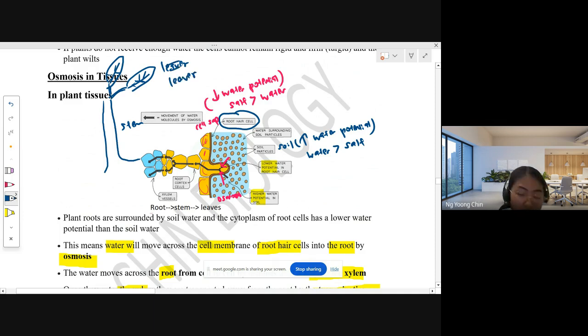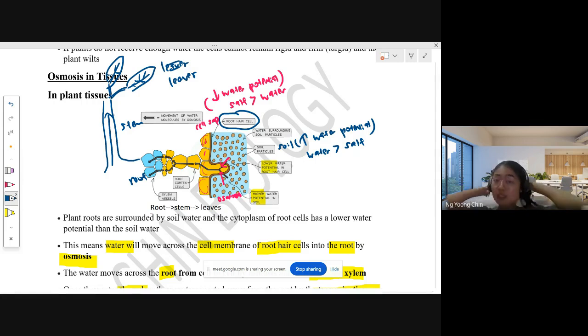So xylem vessels are found in the roots, then they extend outwards to the stem, then to the leaf. When the water is transported by the xylem vessel from the roots to the stem, then to the leaf, it moves in this direction, against the gravitational force because it travels upward, right?